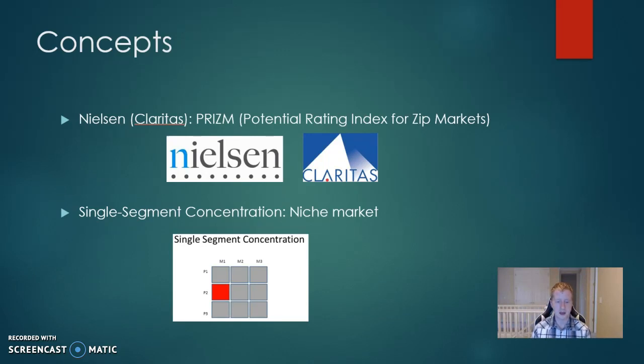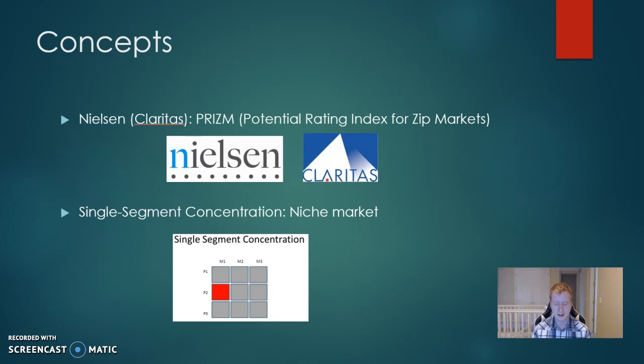Also in the article, it discussed single segment concentration or niche markets. So as I previously discussed, a marketing campaign can be as narrow or as broad as desired. So for instance, it can pick one market in that image.